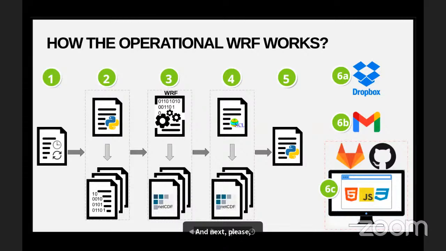Now, how the operational WRF works. First, a cron job runs twice a day, midnight and midday. It calls a Python script, which downloads input data. When we have the data, we run the pre-processing WPS and then WRF, and we obtain NetCDFs. With this NetCDF, we need to change from vertical sigma levels to pressure levels, and I use NCL scripts, but currently I have some similar post-processing using the WRF Python library.